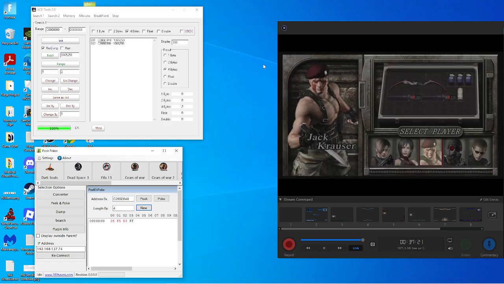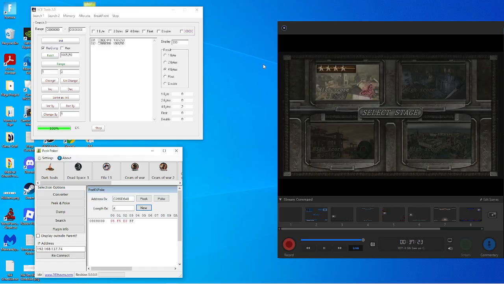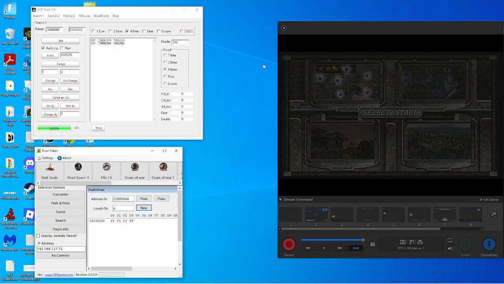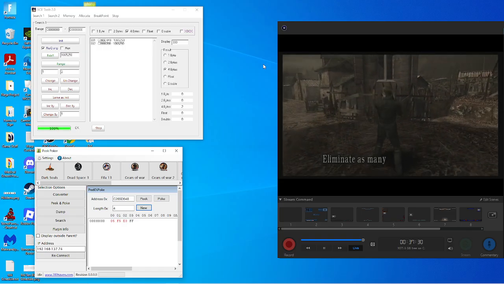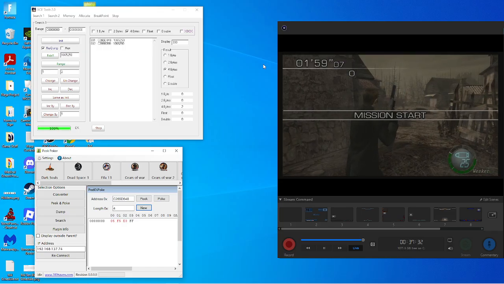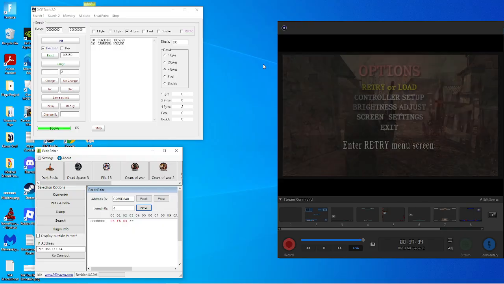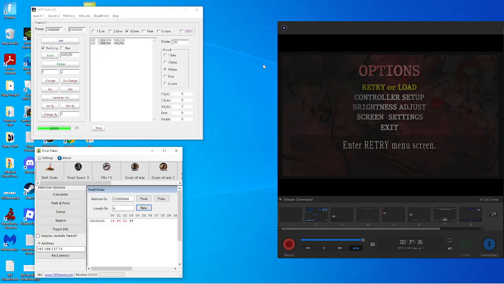Nah, I'm going to start off with Wesker. He's a lot better. Okay, so here we go. Clock is at 2 minutes. So I'm going to go here, make an initial search.